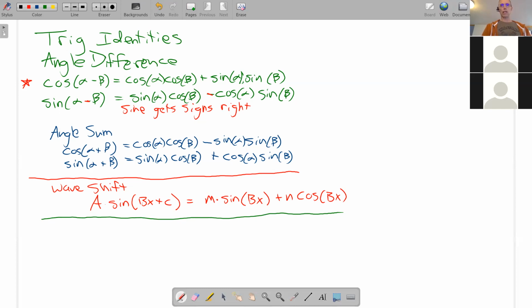Then we have the product to sum and sum to product formulas. And I'll justify a few of these, and mostly we'll just use them. So if I have the sine of alpha times the cosine of beta, that is equal to 1/2 sine of alpha plus beta plus 1/2 sine of alpha minus beta.